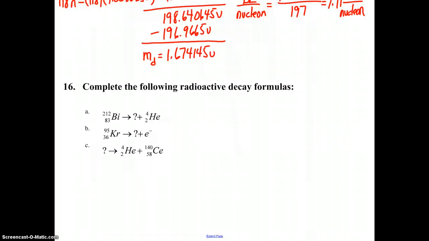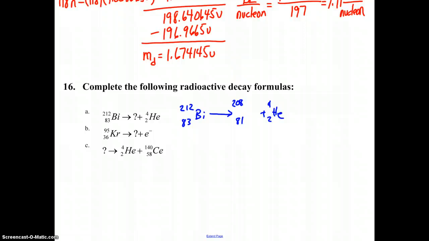So for A, we have bismuth-212 decays into something plus an alpha particle, which we recognize as the helium nucleus there. All right, really easy here. What plus 2 gives us 83, and that would be an atomic number of 81. And what plus 4 gives us 212, and that would be a mass number of 208.